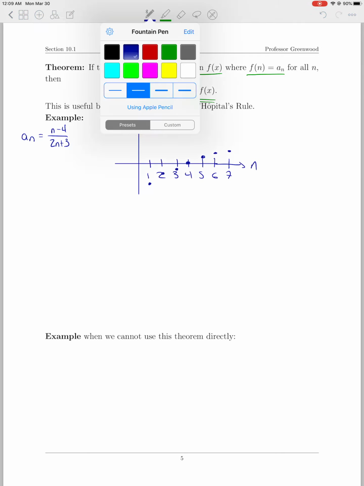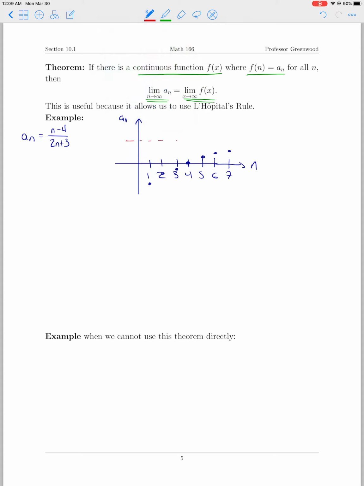And then at the end of the day, we already saw that this sequence is going to end up approaching the line 1/2, whatever it is. All right, and so in these blue dots right here, which I'm going to make a little bit bigger, I'm representing the sequence again. And so what this theorem is saying is if I can find a way of connecting these dots with a line, and if I know the formula for this line where it actually agrees for each one of these things, then the limit of this green line, which is now a function, f of x, is going to be the same as the limit of the sequence itself, because they both have to go to the same spot overall, right?